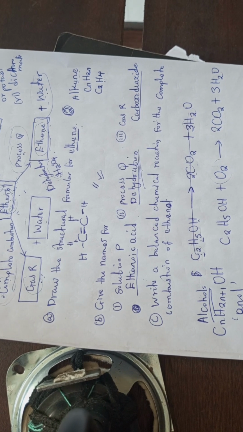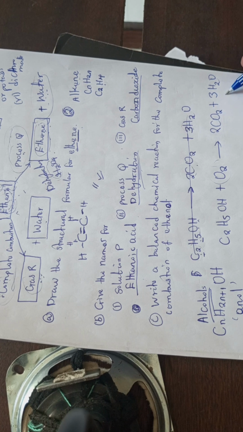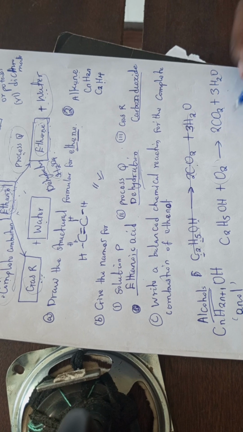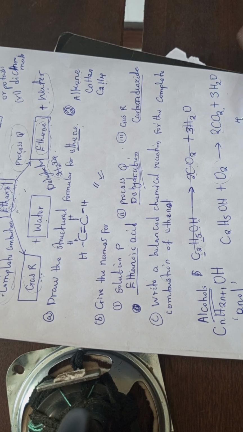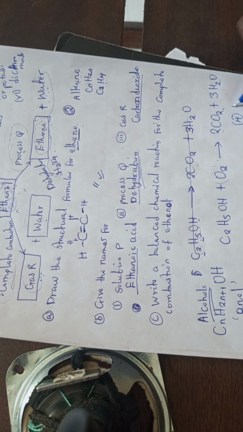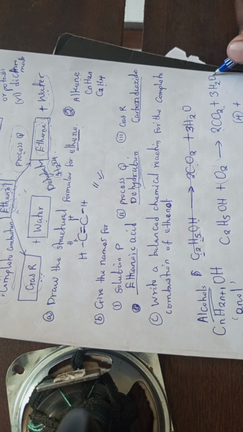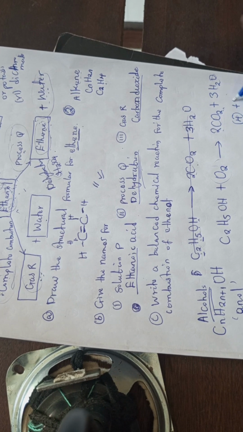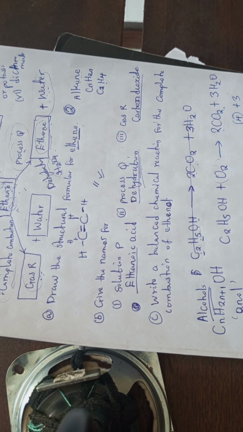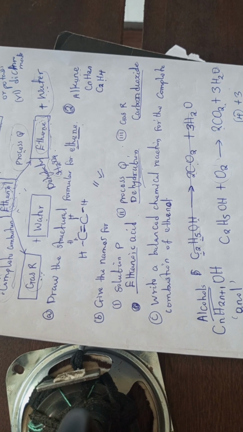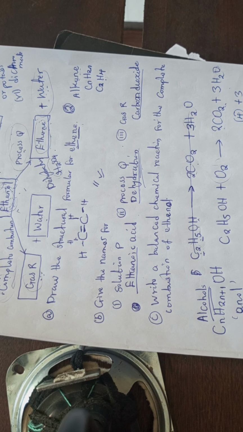So now let's count the number of oxygen on this side. 2 times 2 is 4 oxygens, plus this 3 shows 3 oxygens, so we're going to have 7. Now try to think a bit deeper here.